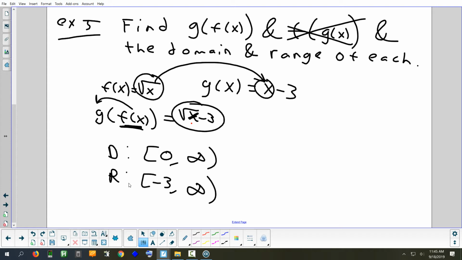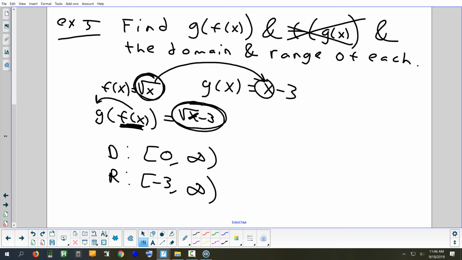Okay. Any question on that? Yeah. So when you're looking for the domain, are you looking at the entire function, the square root of x minus 3, or are you just looking at the square root of x? So when I look for the domain, first I start with the inside function, and I say, okay, any values I can't use there. And then I look at the whole final answer, and in my head I say, what's not important there?